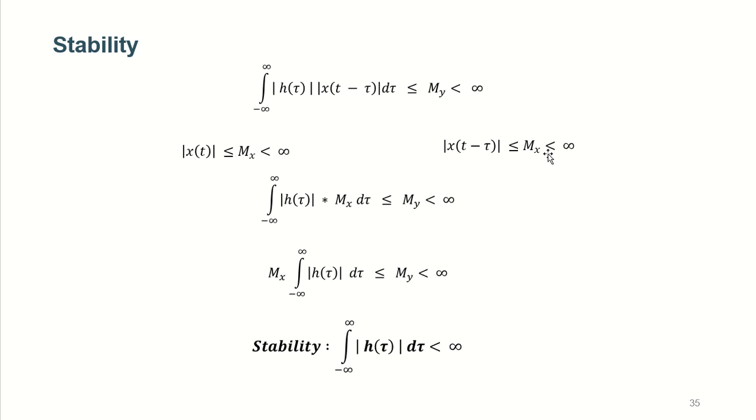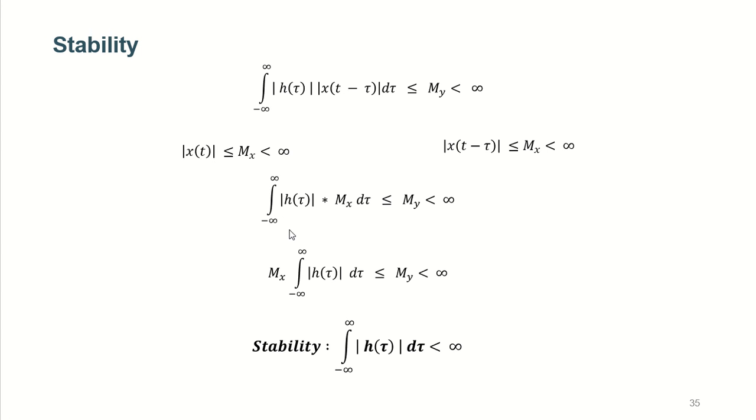And what will happen with x of t minus tau here? See, the value of x of t minus tau will be considered bounded if the maximum value is mx. So we will simply put the value of x of t minus tau equal to mx in this equation.